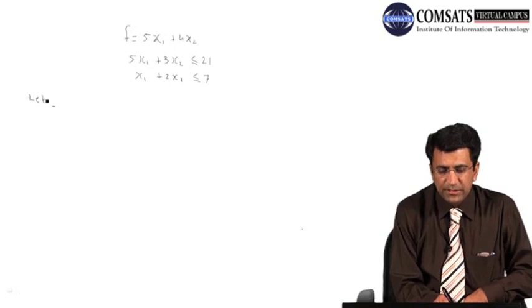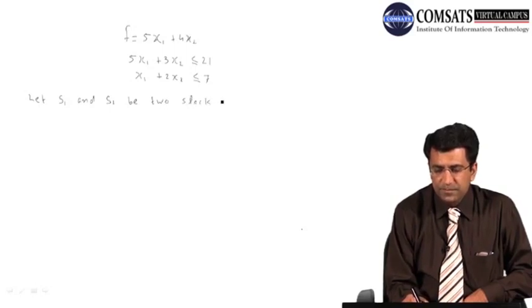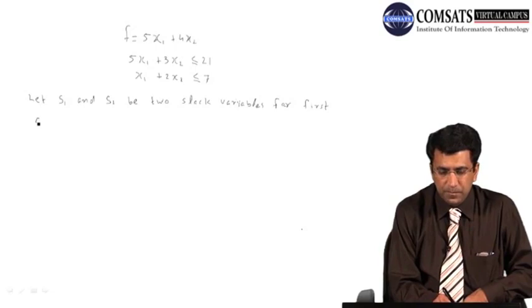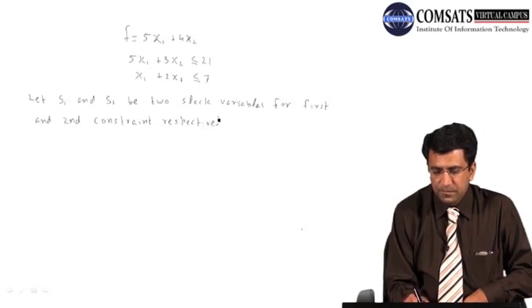Now suppose that s1 and s2 are two slack variables for the first and second constraints respectively.